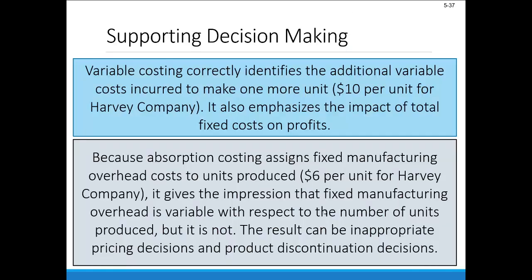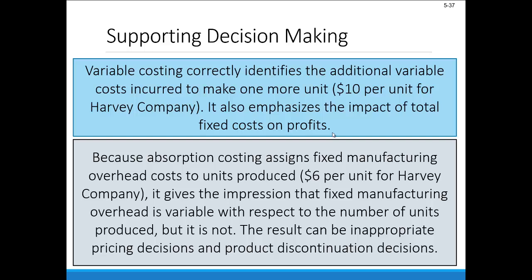Now, from a decision-making standpoint, we would say that all things equal, variable costing does better identify the additional or incremental variable cost incurred to make one extra unit of product. So it really emphasizes the impact of total fixed costs on profits. And absorption costing, on the other hand, because it's assigning those fixed overhead costs to all the units we make, gives the impression, at least on paper, that fixed overhead moves with respect to the number of units produced.